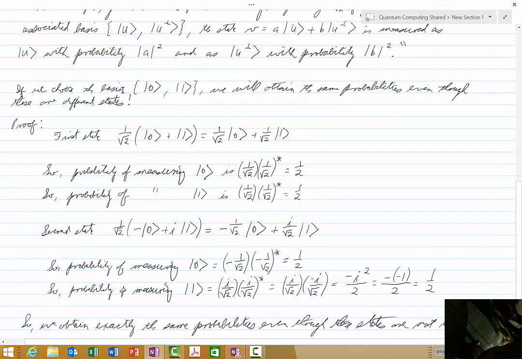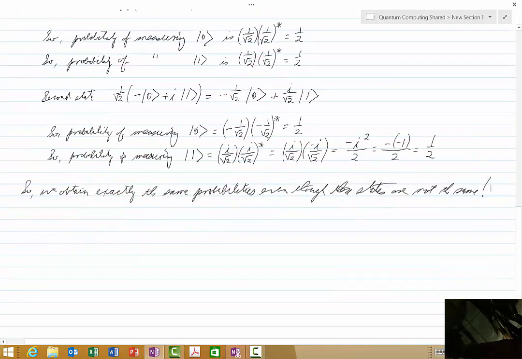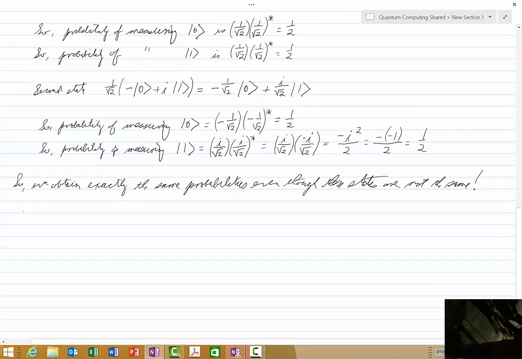And so we see if we choose this basis, the 0 ket and the 1 ket, the probabilities do not differ. So we need to find, so we seek another basis.